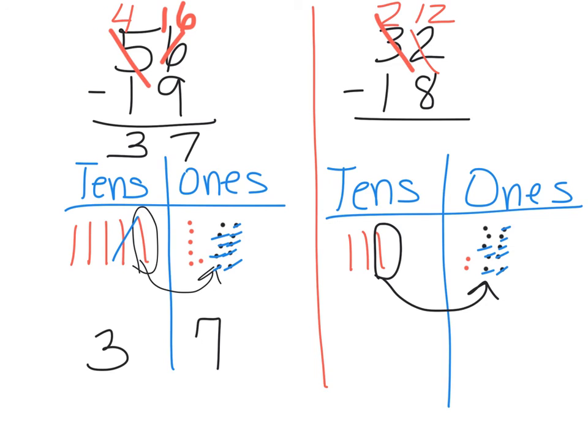Now, looking at the tens column, we need to subtract 1 ten, and we can do that. So what are we left with? We're left with 1 ten and 4 ones.